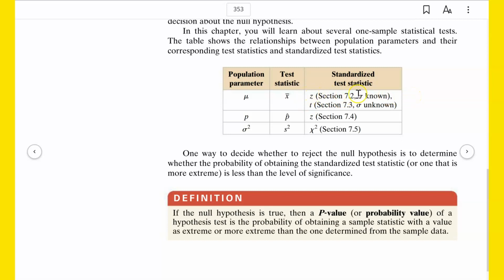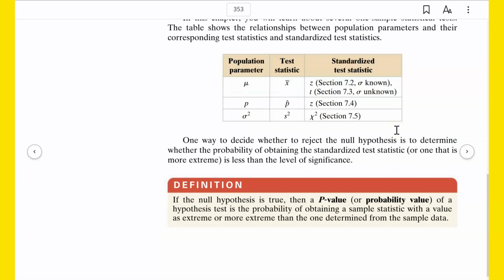Remember, we use z when the population standard deviation is known, or we use t when the population standard deviation is not known. For the population parameter p, meaning a proportion, we're going to use a z-test, which is going to be explained in section 7.4 of this chapter. If we're trying to find sigma squared, the population variance, then we're going to use what's called a chi-squared test, which is section 7.5 of this unit. We may not get to that, we'll see.